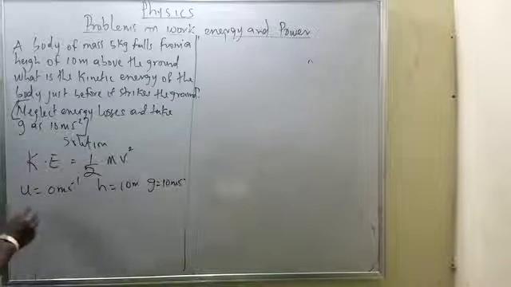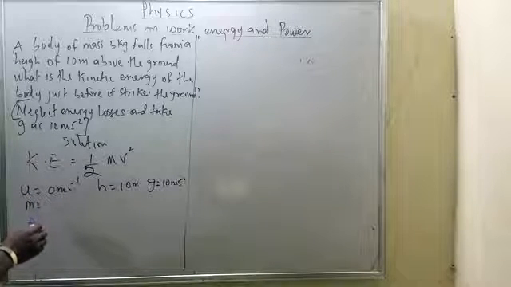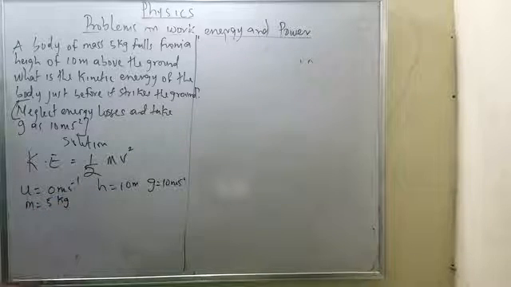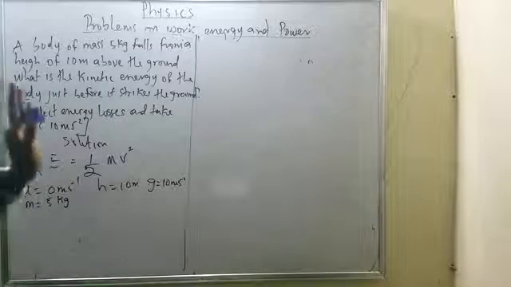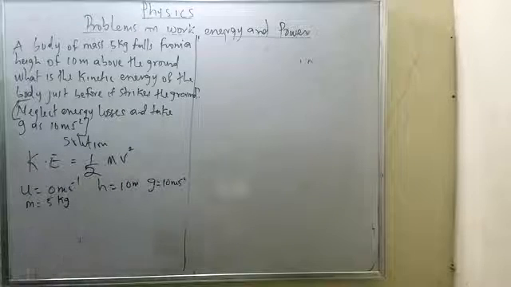My mass is 5 kg. Please make sure that you check the units. Are they in line? If not, there will be a problem. It means you have to resolve it.